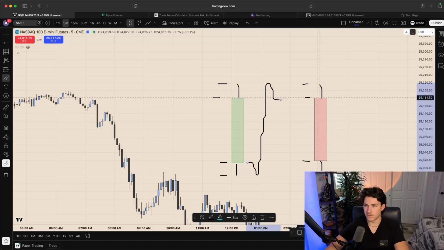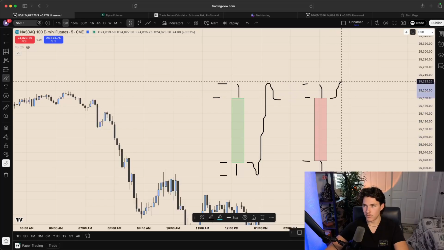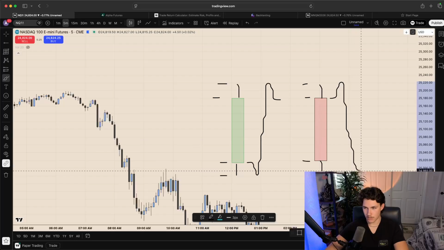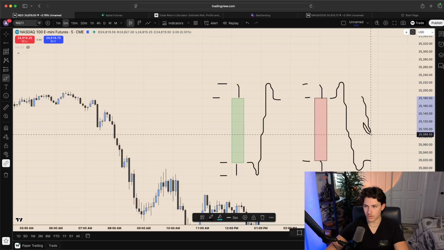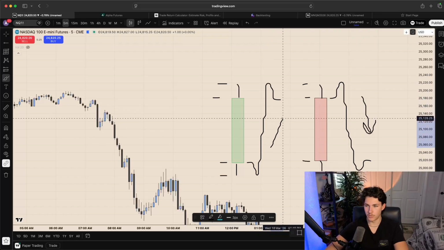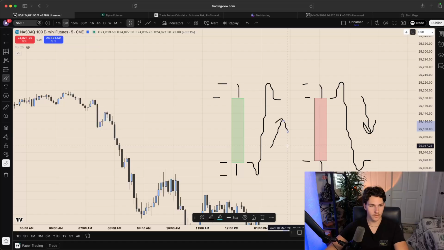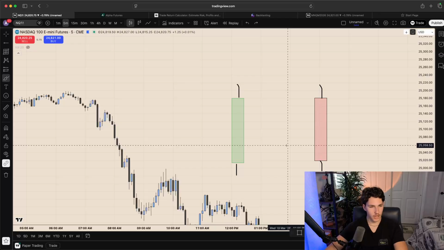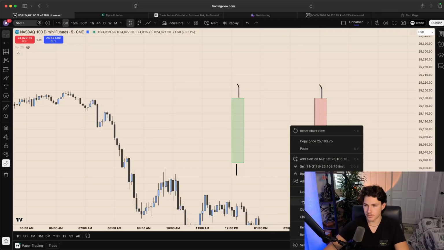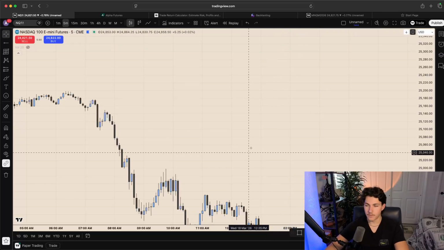It's the opposite for a bearish candle. You have the open, then a move up, put in that high, move back down, put in that low, and then close at the close of the candle, because we moved down during this period and we moved up during this period. Is that simple? This is going to come as second nature to you over time. For now, if it doesn't make sense, that's completely fine.